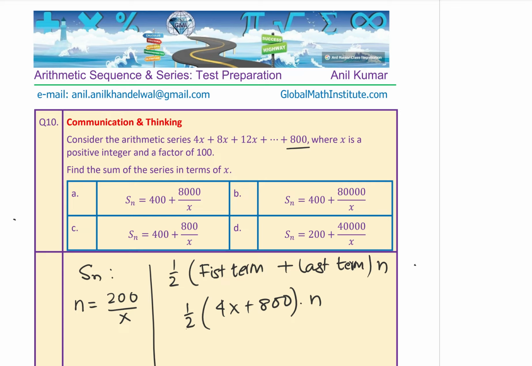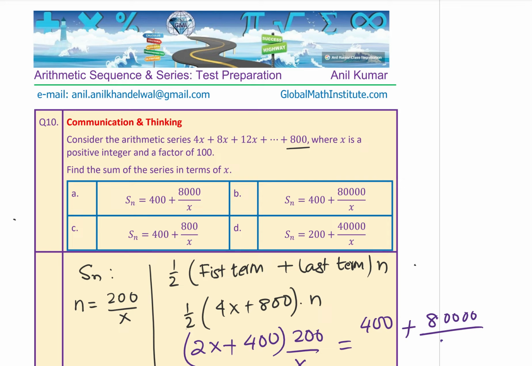So if I multiply by half, I get 2x plus 400, and the value of n is 200 over x, correct? So when we expand this, 200 times 2 is 400, x and x cancel, plus 200 times 400 is 8, 4 zeros, over x, correct?